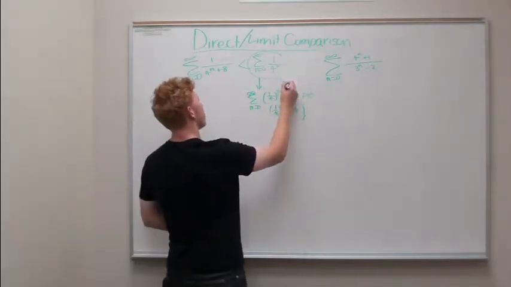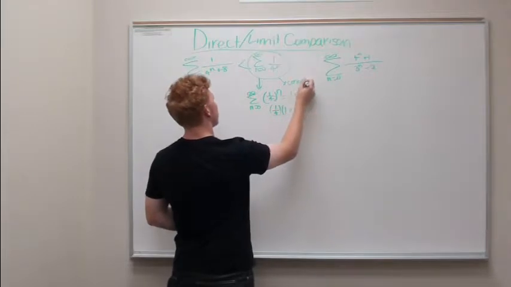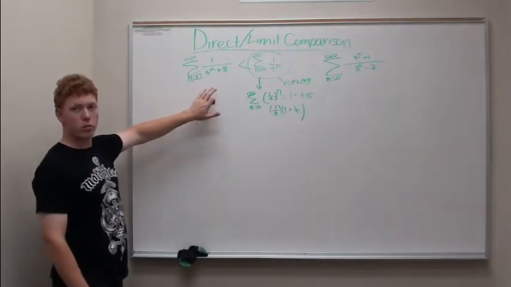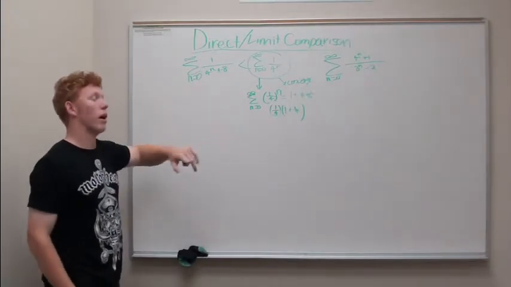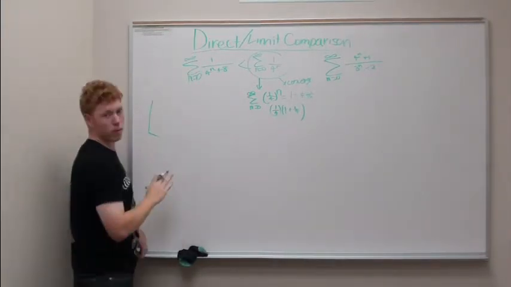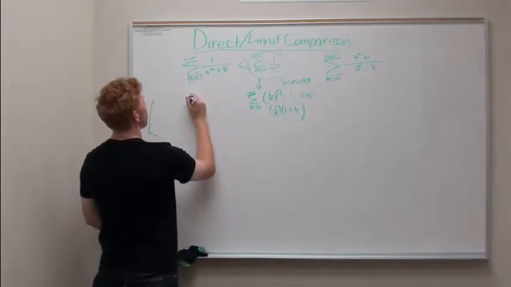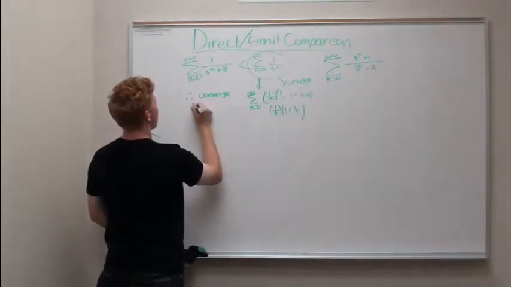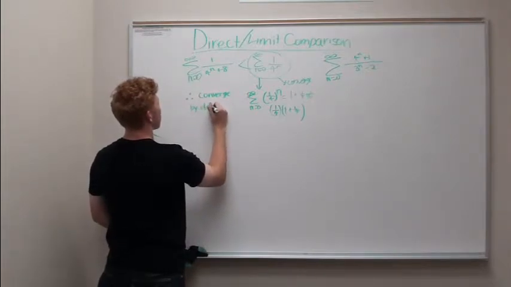So that means that this one is convergent. Now, in that case, this series would also be convergent since it is smaller, going back to the graph example, which would mean this one would converge by the direct comparison test.